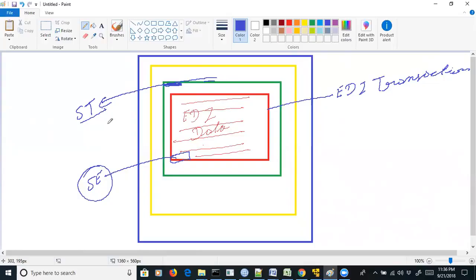Then we have something called the functional group envelope.